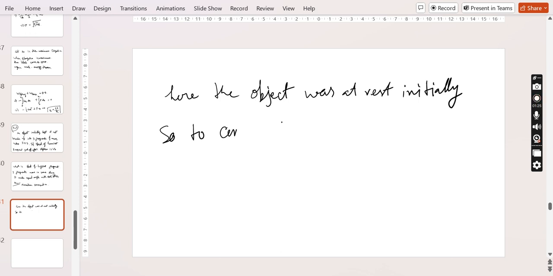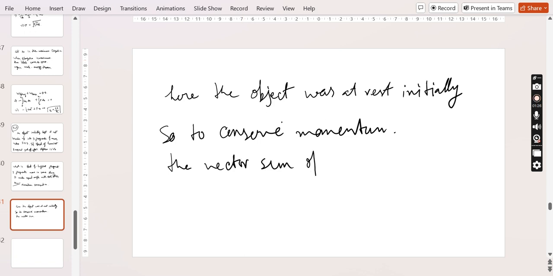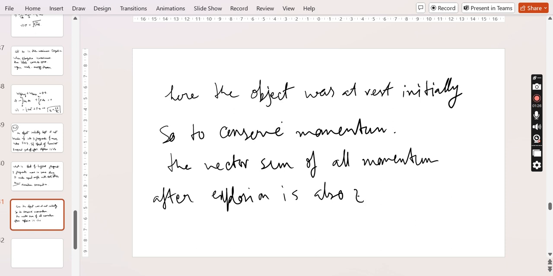So we conserve momentum. The vector sum of all the momentum is also 0.